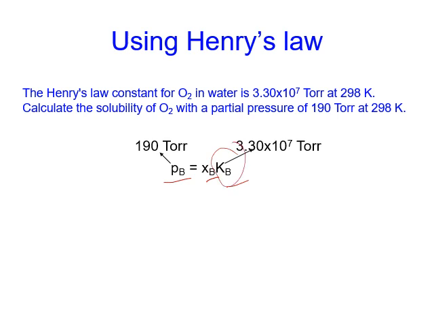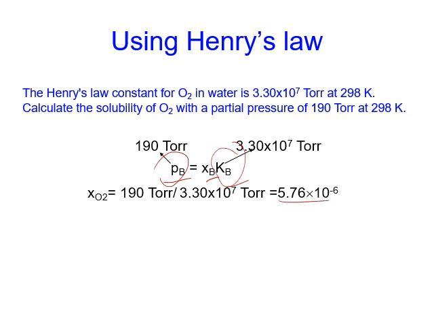So Henry's constant is given, partial pressure is given, and we can calculate the mole fraction of oxygen in the solution. The mole fraction is calculated to be 5.76 times 10 to the minus 6. You can see this is a very small number, meaning almost 1 million water molecules, you will see one oxygen molecule.